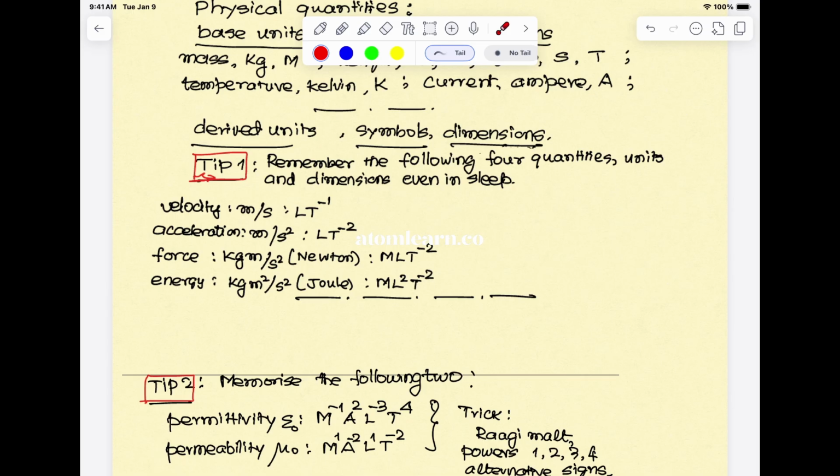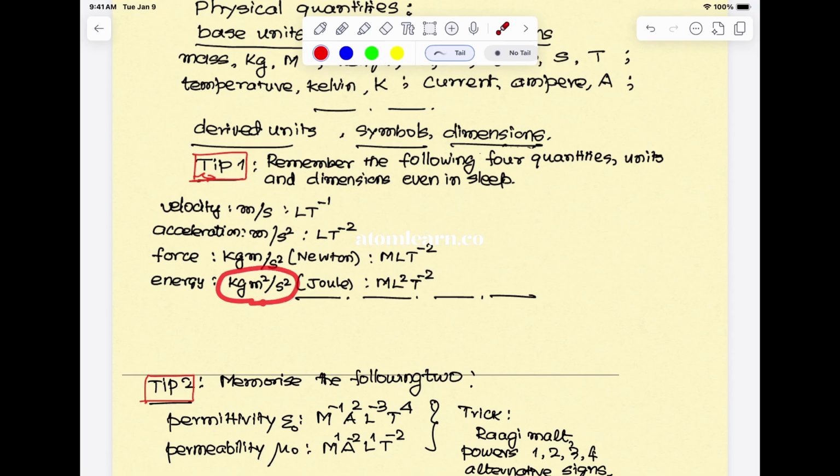Now, by the way, some units like force or work or energy, the joule, have a basic unit, which for force is kg meter per second squared, whereas it is also given a name, which is called Newton.